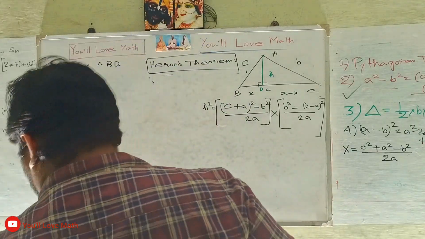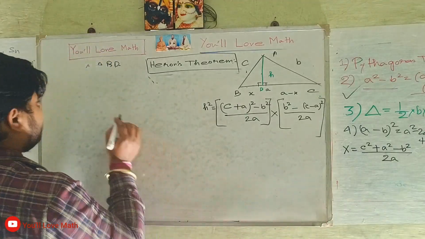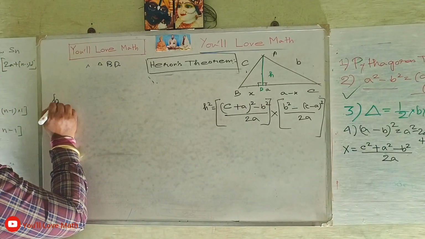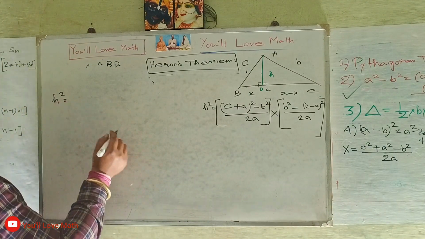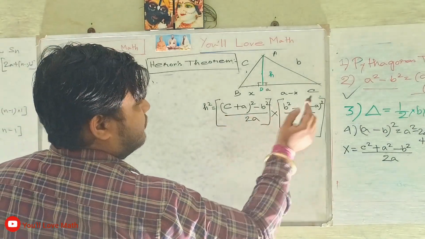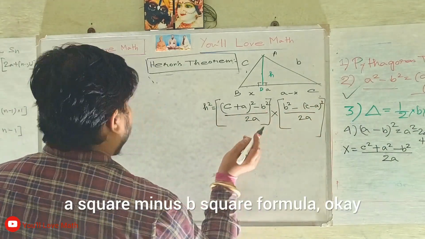Understood? So now a square equals, again we can use the a square minus b square formula.